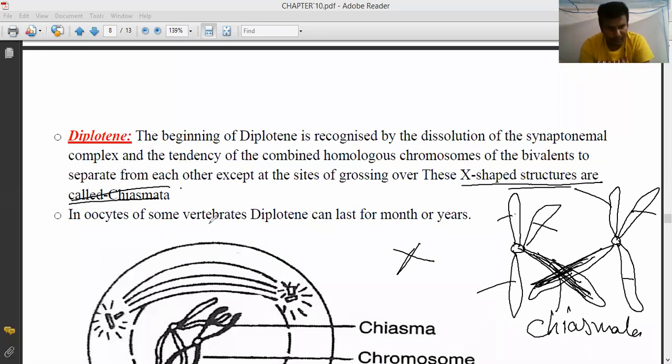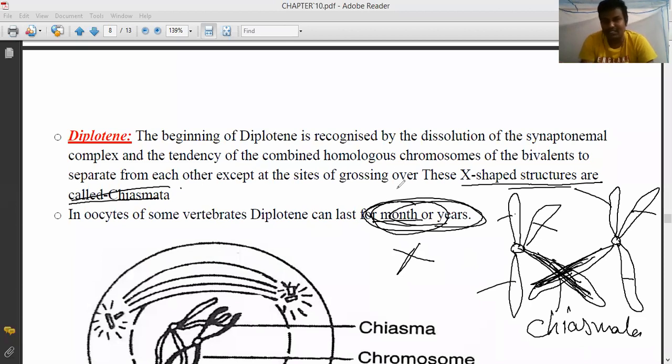In oocytes of some vertebrates, diplotene can last for months or years. That means what? In oocytes of some vertebrates, where the crossing over occurs, those chromosomes remain attached in X-shaped structures for months to years.